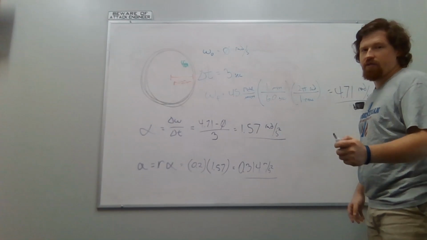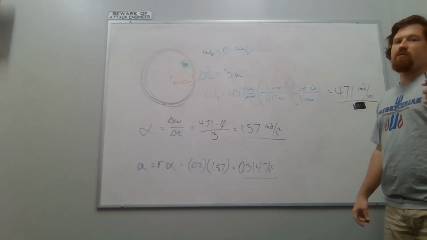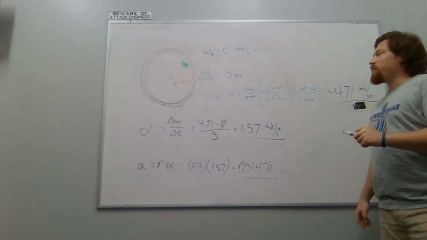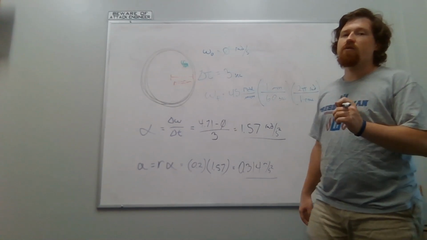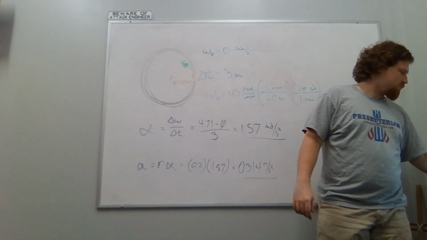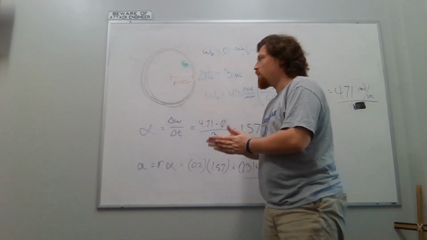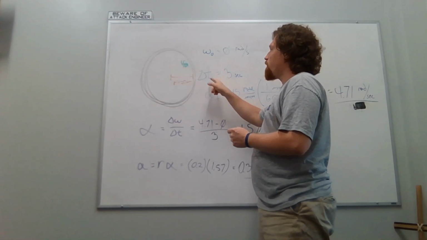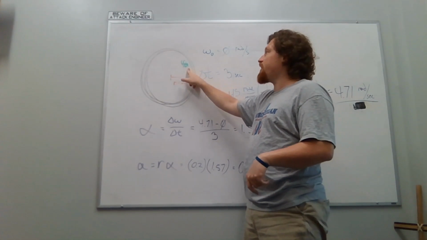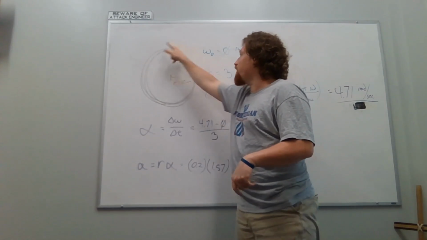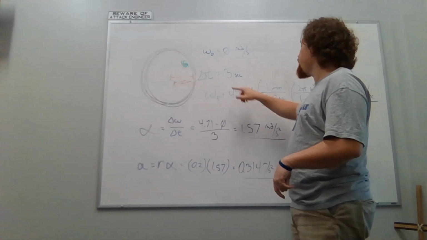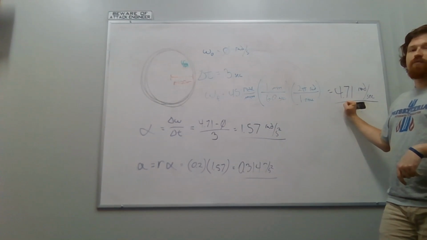Now, last question on this slide. If the grasshopper lets go after 5 seconds, what will be the linear speed of the grasshopper? Now, this grasshopper is on the edge of the turntable. It's on the edge of the disc. It is spinning around. It's eventually going to reach the top angular speed of 4.71 radians per second.